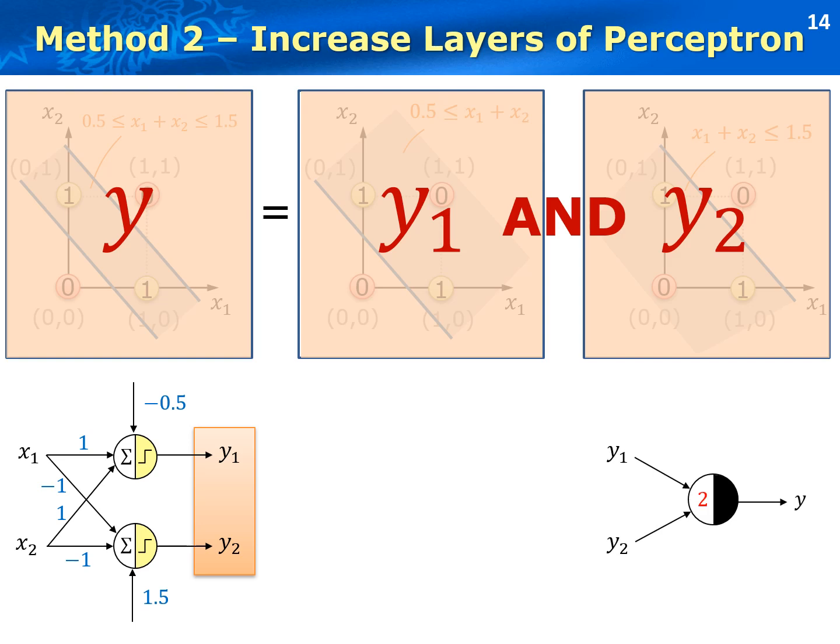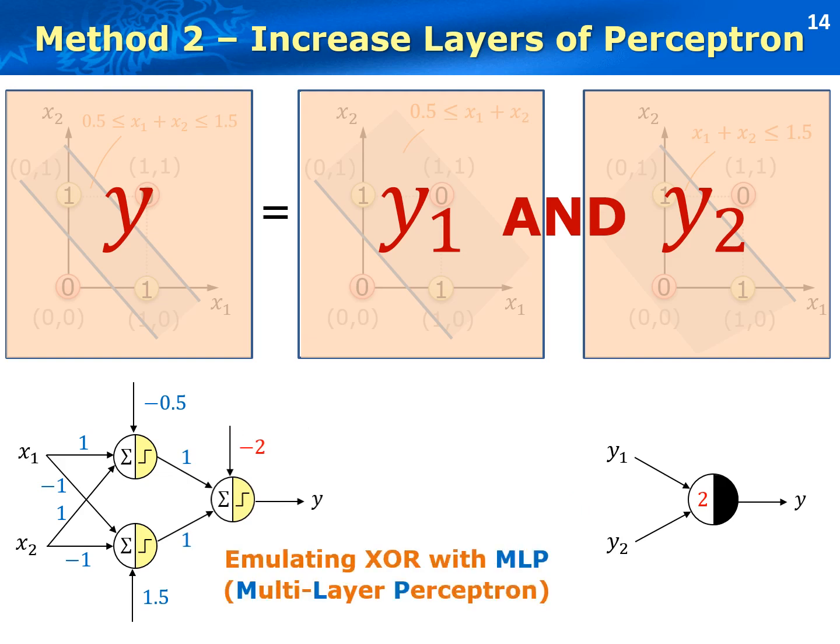This is equivalent to the following perceptron representation, whose bias value is -2, and all weights are 1s. Therefore, let's merge this AND perceptron with the previous neural net, which produces the following result. This is a multi-layered perceptron which emulates the XOR gate.